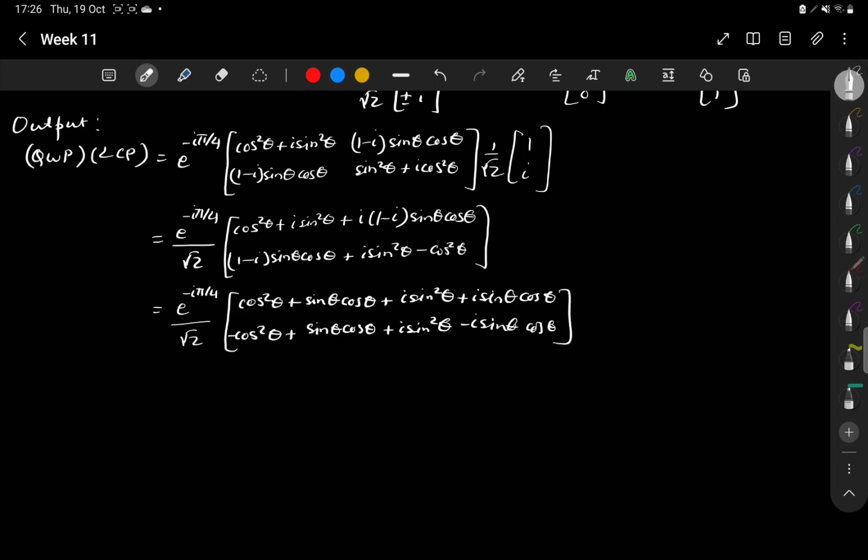Now I can take some things common: cos theta common from the first term, and i sin theta common in the second term.